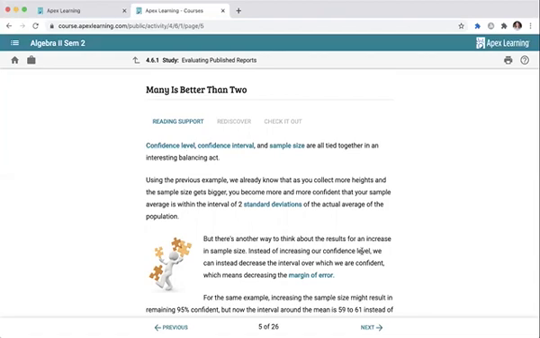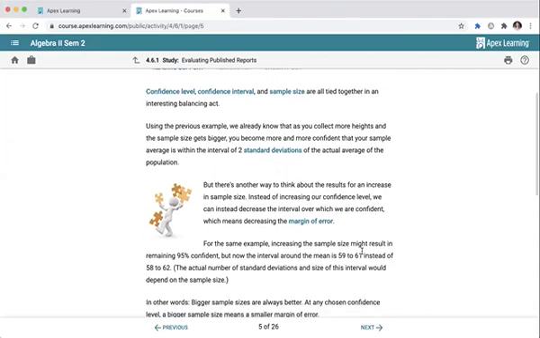When we decrease the interval over which we're confident, we are also decreasing our margin of error. Instead of increasing our confidence level, we can decrease the interval over which we are confident, which means we decrease the margin of error.